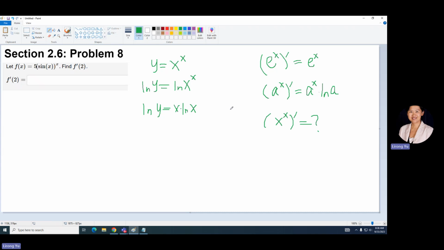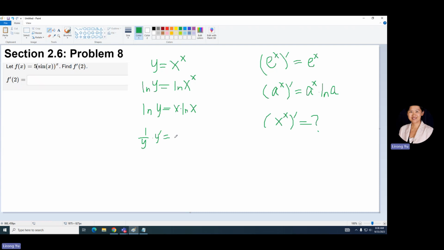What's the derivative of the left side? 1 over y times y prime. Yes. So the derivative of the left side is 1 over y times y prime. That's the derivative of the logarithm, times the derivative of the inside. On this side we apply the product rule.